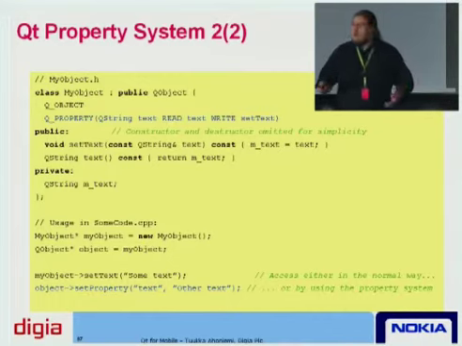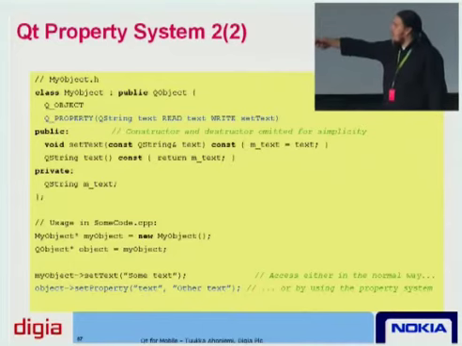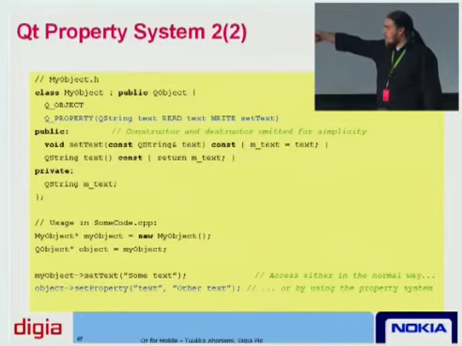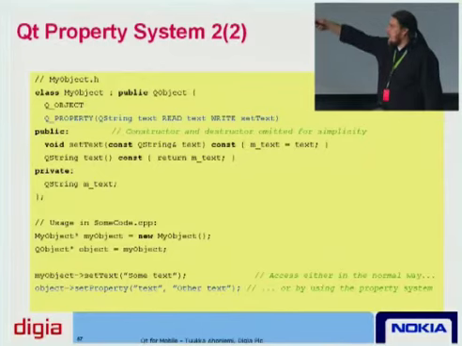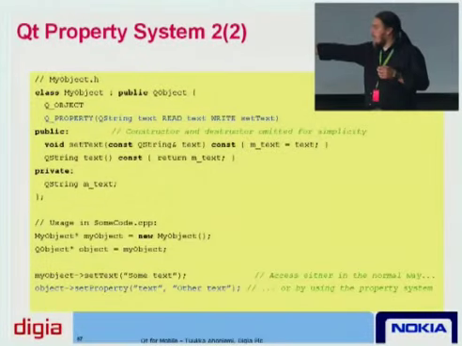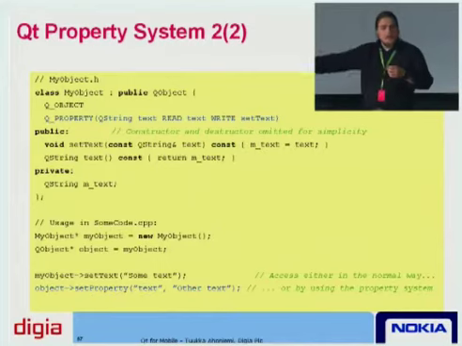Okay, so later I can of course create my object pointer, and through that pointer I can directly see these functions, text and setText. They are visible because it's a subclass pointer. So I can call my object setText something. Because it's also a property, I do not need a subclass pointer, but I can just, using a QObject pointer to the same instance, call the function setProperty text to some other value.